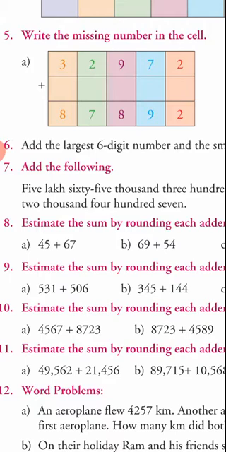Now here you can see that we will start our subtraction from the ones place. So 2 minus 2 is 0, 9 minus 7 is 2, 8 minus 9. Now you have this. In this case, what you will do?